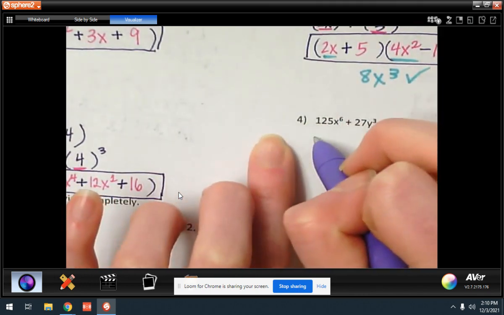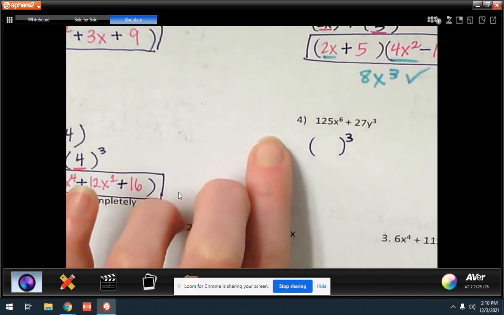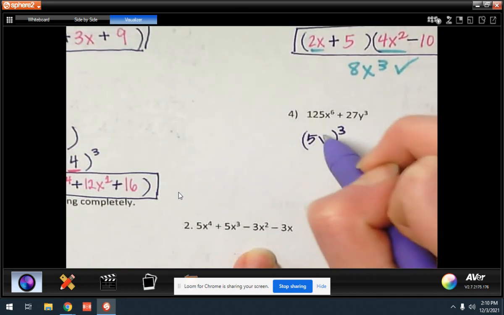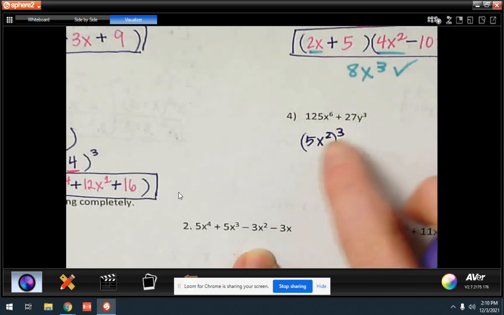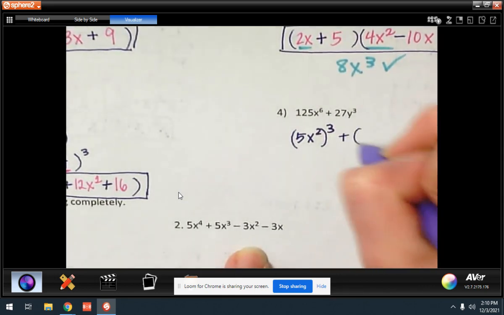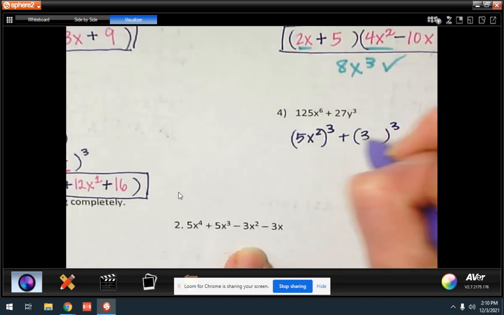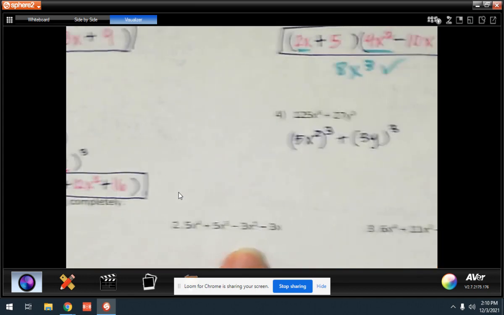So what is the cube root of 125x to the 6? 5x squared. Very good. When you have two exponents, you multiply them. Okay? And then what is the cube root of 27y cubed? 3y. Okay?